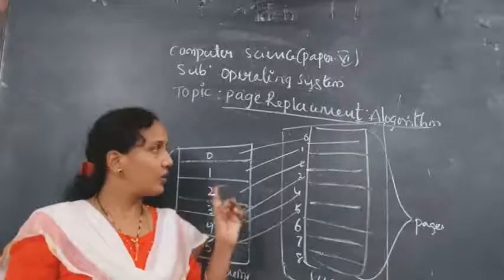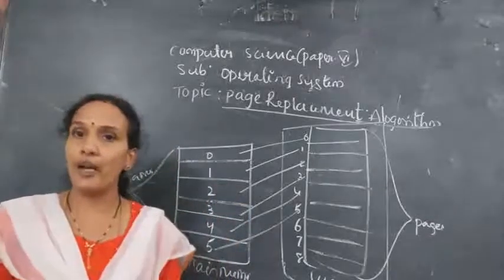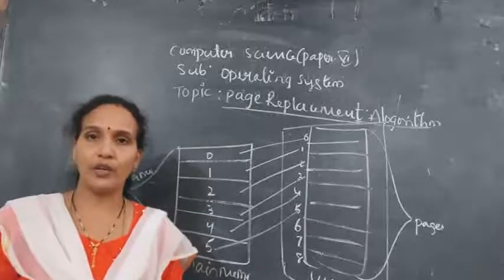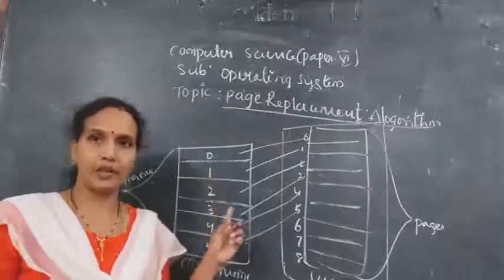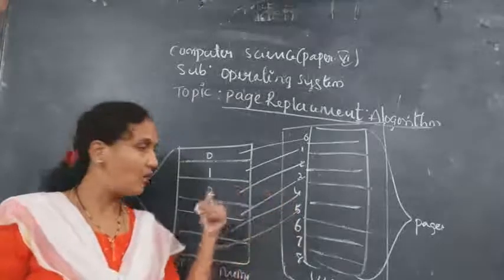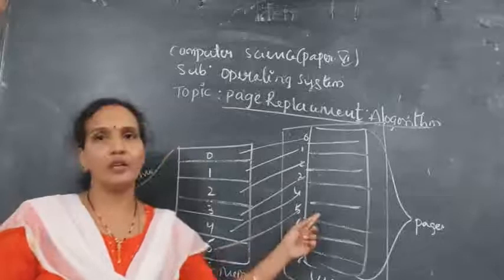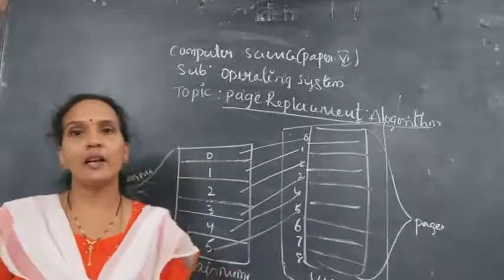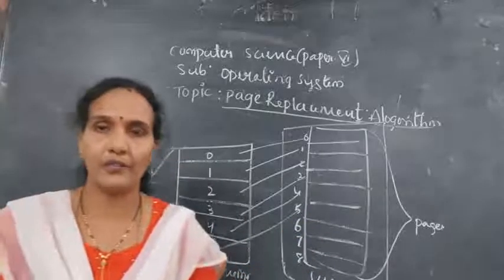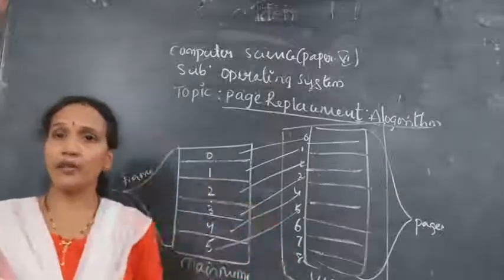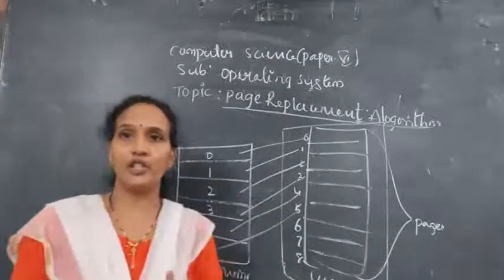Understood? So page replacement is a memory management technique where we are swapping out one page from main memory in order to give space to an incoming page. And when is it used? When there is a page fault.